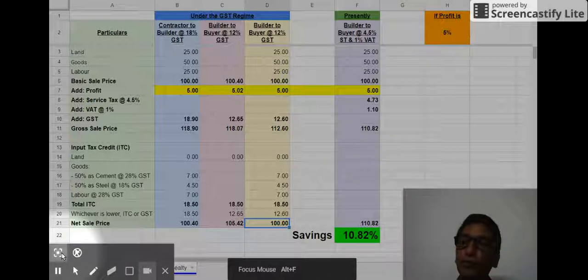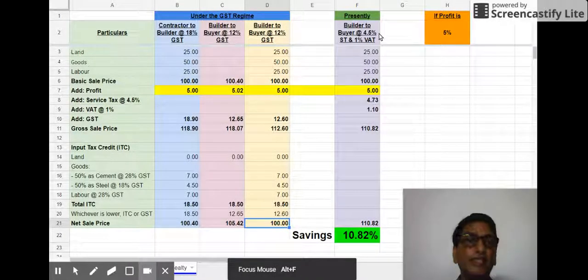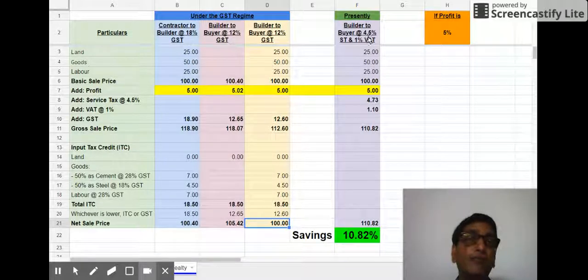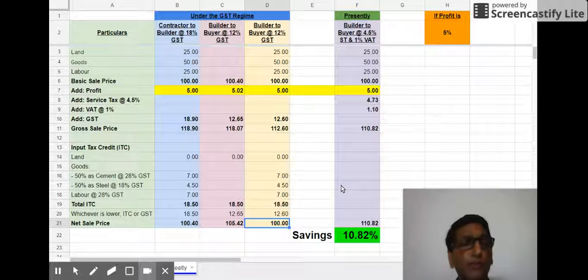What is happening presently is that there is no GST. In the pre-GST scenario, for the same activity, there is service tax at 4.5% and VAT at 1%. Since these lower rates are available to the builder because there is no input tax credit, almost all builders carry out the activity with this method.